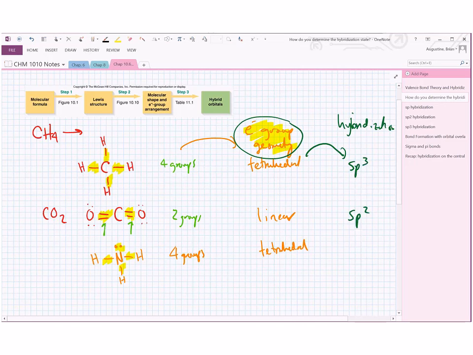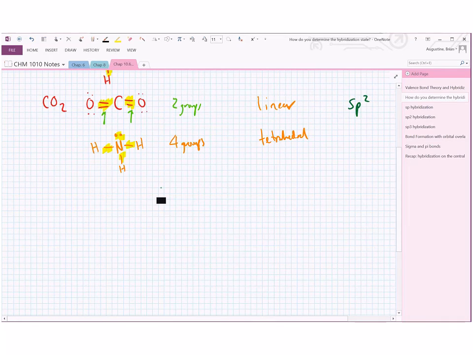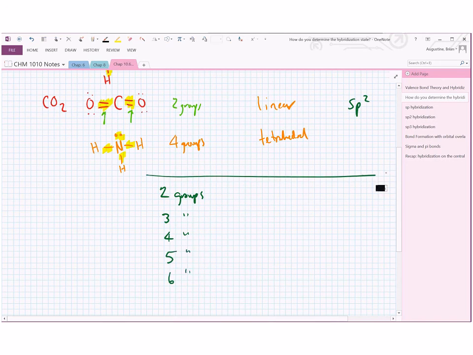So here's how the whole table works. 2 groups, 3 groups, 4 groups, 5 groups, 6 groups. So I'm going to give you the groups, the electron group geometry, and the hybridization.